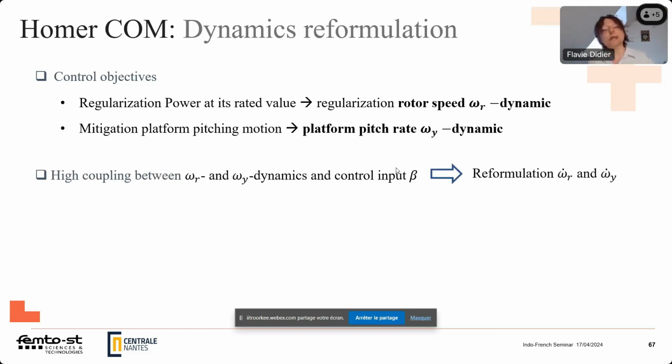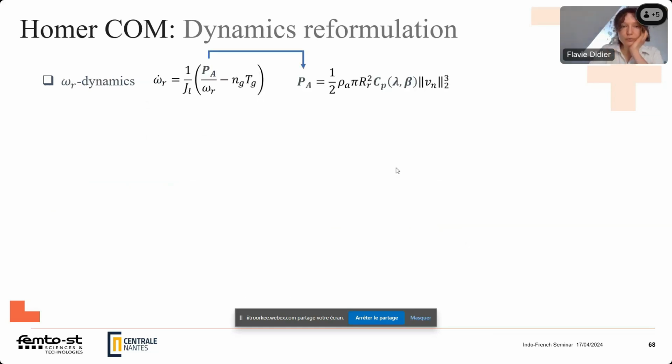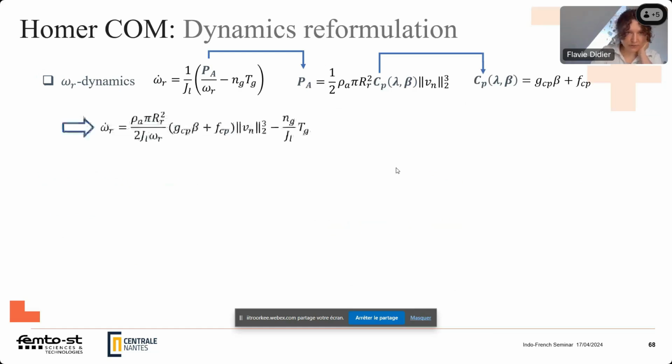But because of the high coupling between these dynamics and the control input beta, we need to use polynomial expressions of CP and CT to be able to use these two dynamics. So here we use just a sample. We use the aerodynamic power, and we substitute the CP polynomial expression, which gives us this expression.